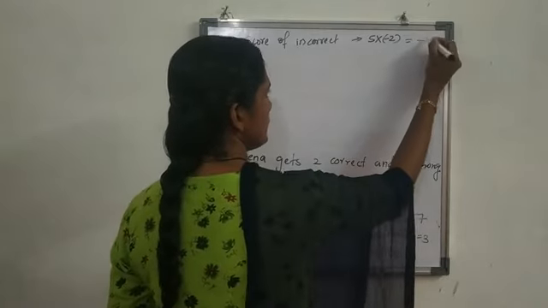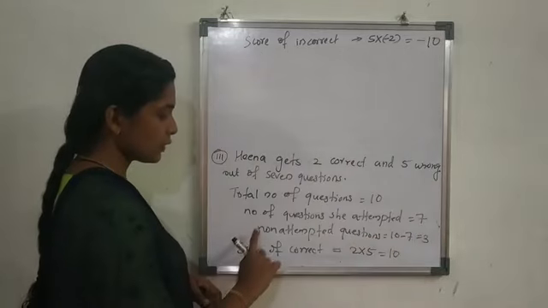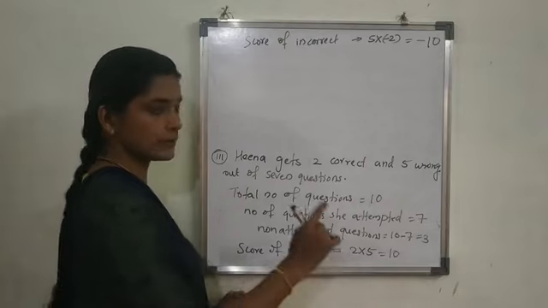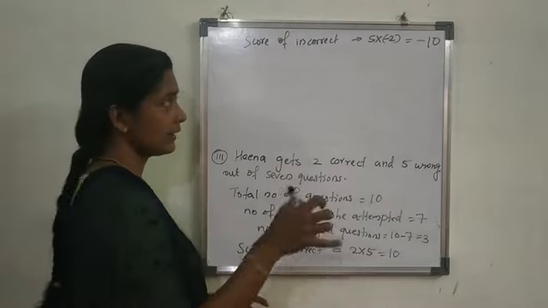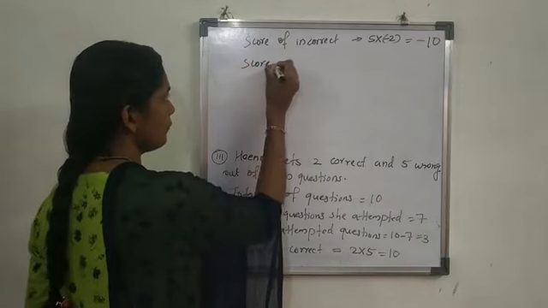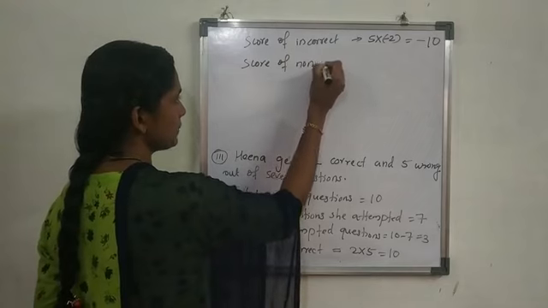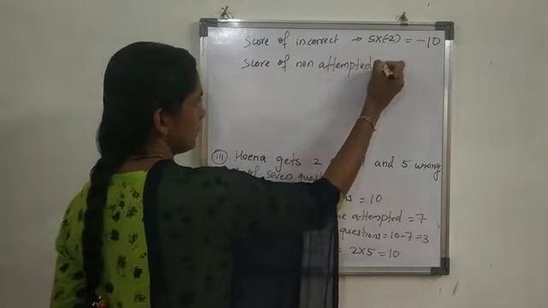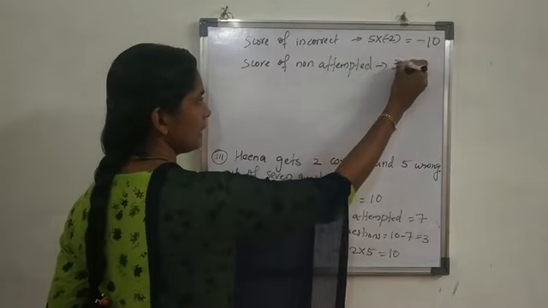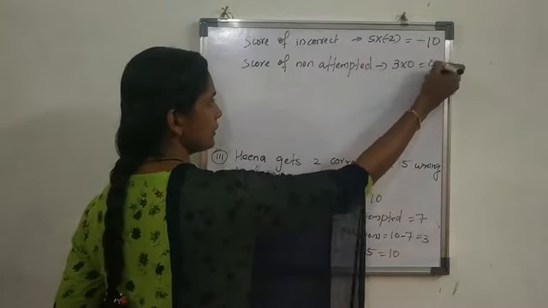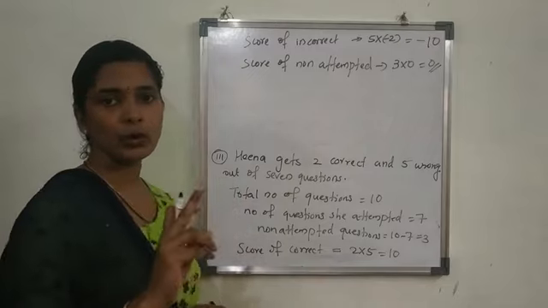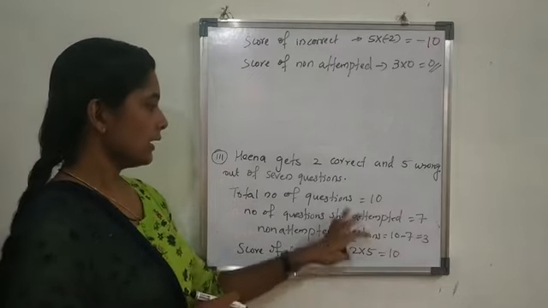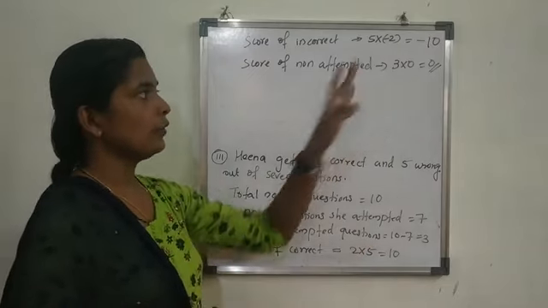Okay, minus 10. Then score of non-attempted questions. Non-attempted questions, that is 3 are there, and the score is 0. Therefore that score is 0. 0 is the score of non-attempted questions. 3 into 0 is 0.